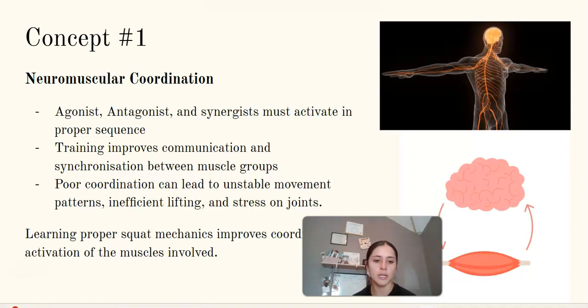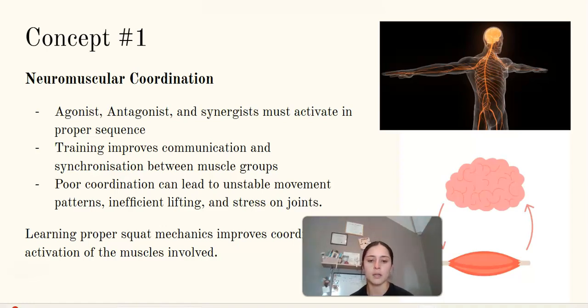Neuromuscular coordination refers to the ability of the agonist, antagonist, and synergist to activate in the correct sequence and synchronization. Good coordination allows for efficient, controlled movements, while poor coordination can lead to compensation and a lot of strain and stress in our joints.